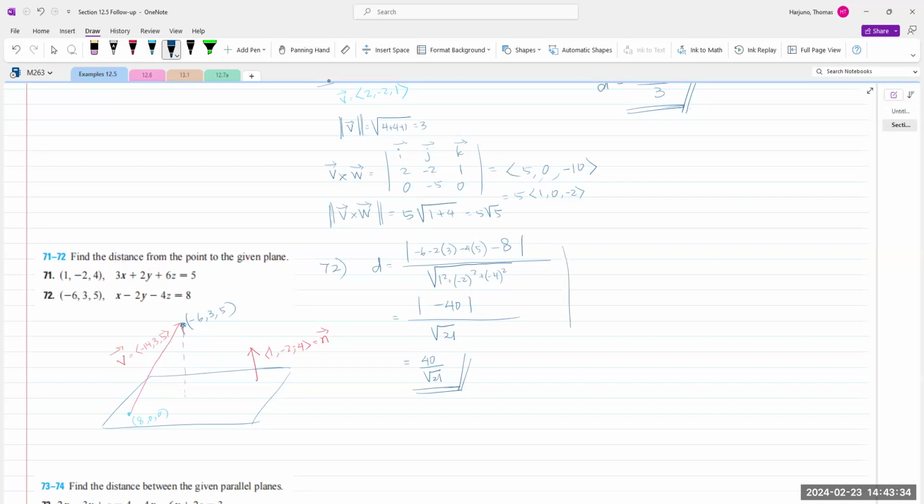Now, using the second method for number 72, notice that the distance we are talking about is the magnitude of the component of vector v onto vector n, right? That's the magnitude of that component, which is equal to v dot n over the magnitude of n.